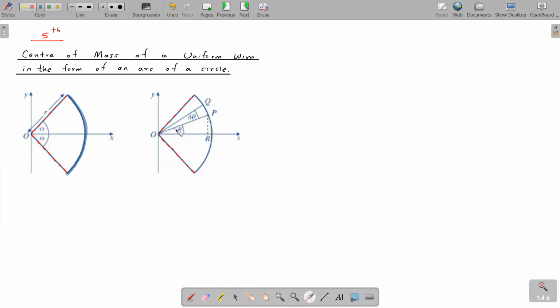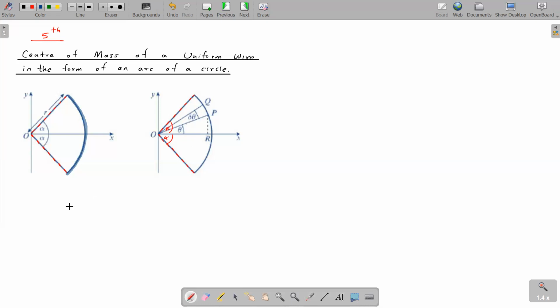The way we divide the strips is exactly the same, because we divide the strips by using the angle theta. Let me mark the full angle here as alpha. Now you know what you should do: you should get the mass of one strip and the center of mass of one strip.